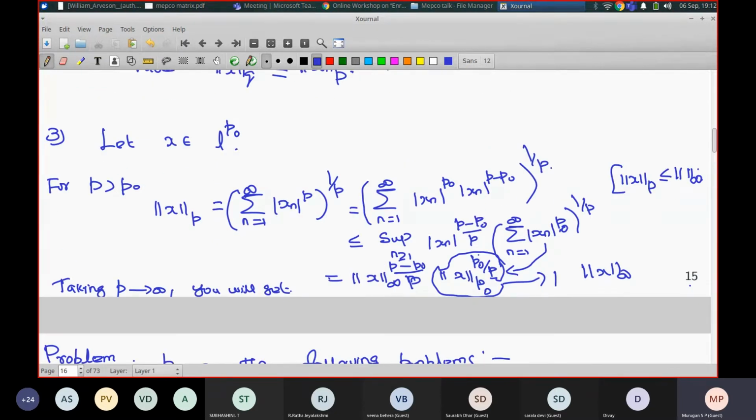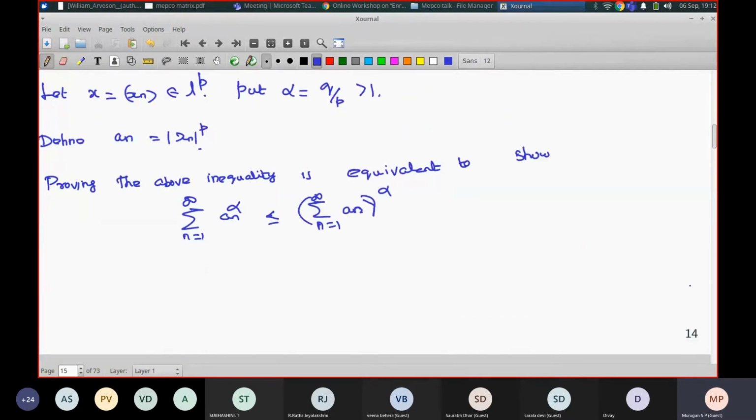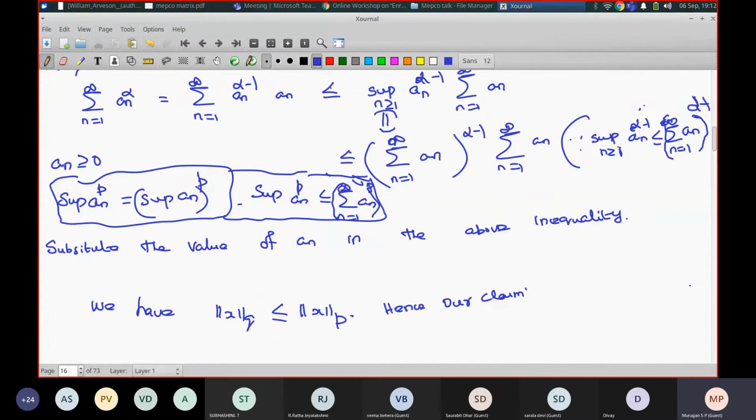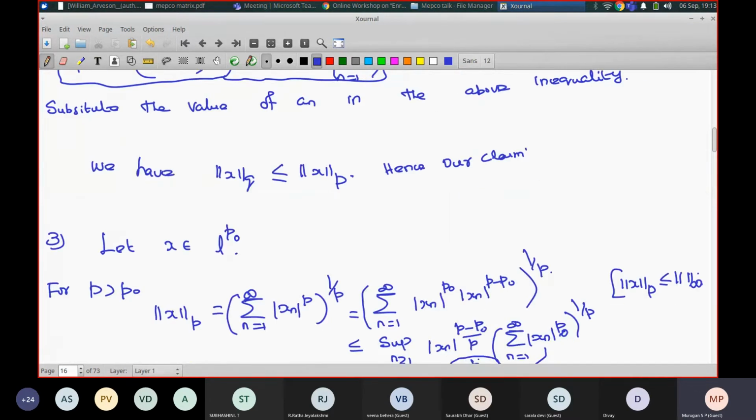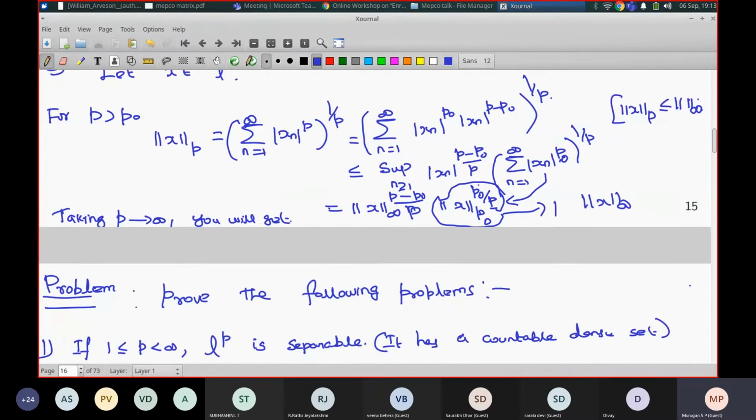Also in the second exercise we proved that when q is greater than p, this quantity is decreasing. From that you can easily conclude that the p norm tends to norm infinity as p tends to infinity. Okay, fine. If you have any doubt, you can ask.